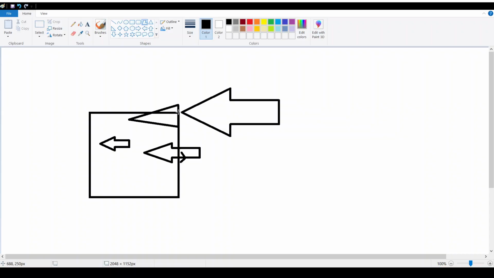Measure end and inside on one end and end and inside on the other end. So say this would be a part, this would be a part, and we just measure it going this way.